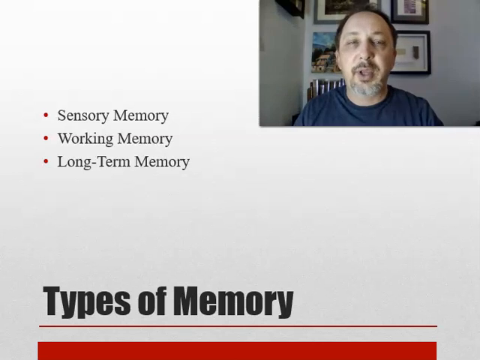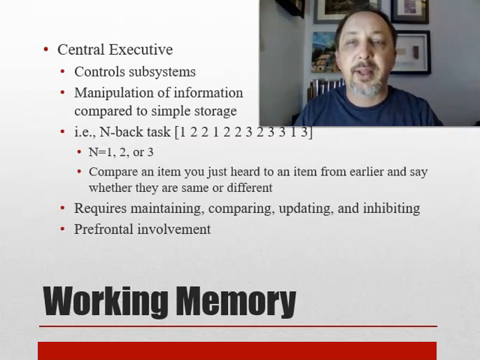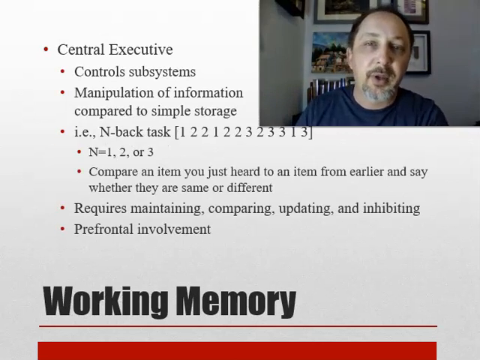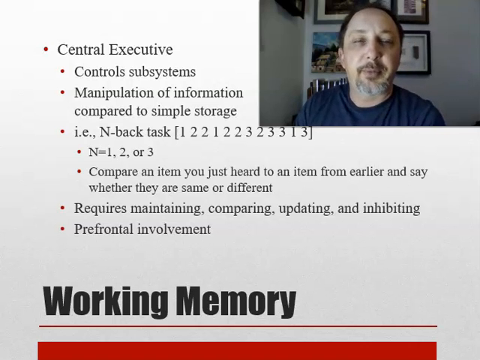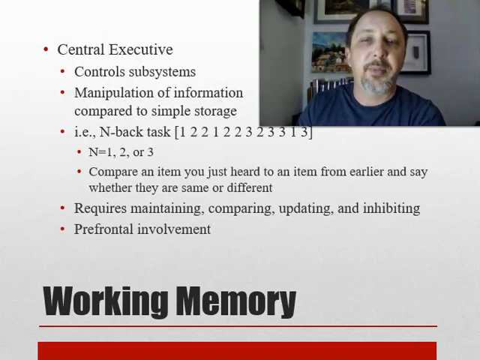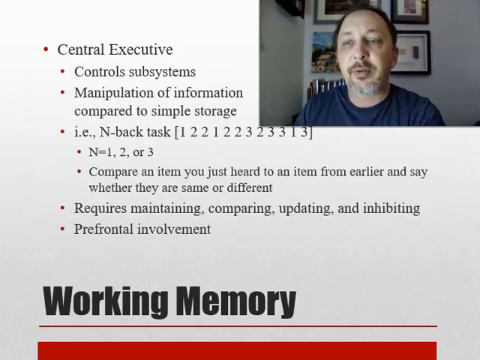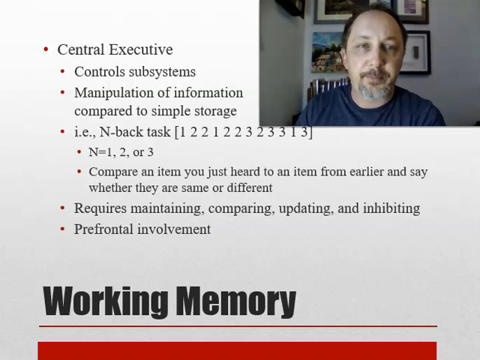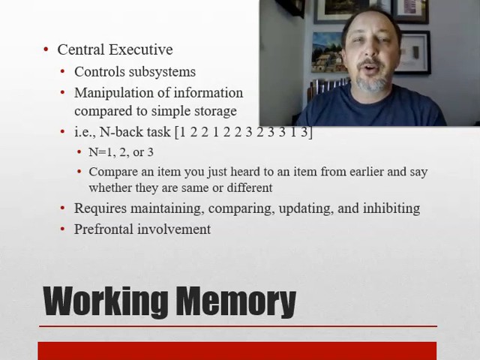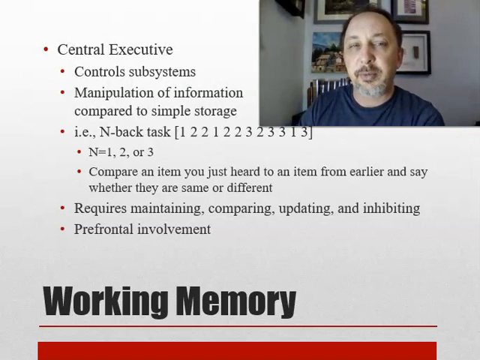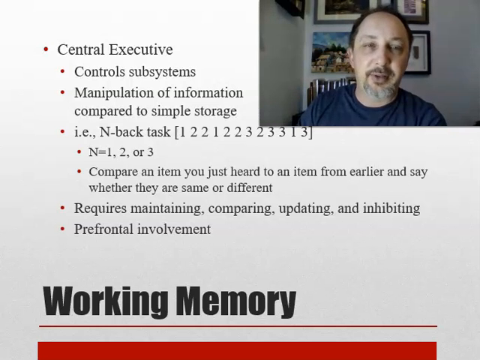So I want to look at one more component of working memory, and that's the central executive. So this controls all the subsystems. You've perhaps heard of short-term memory, right? Short-term memory is considered to be part of working memory. The terms are used interchangeably, but they don't mean exactly the same thing.